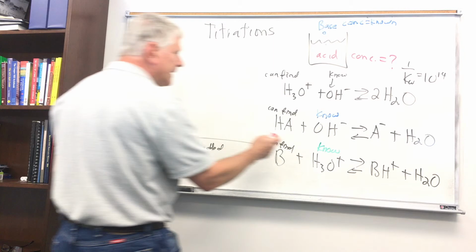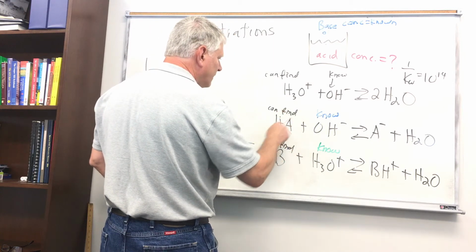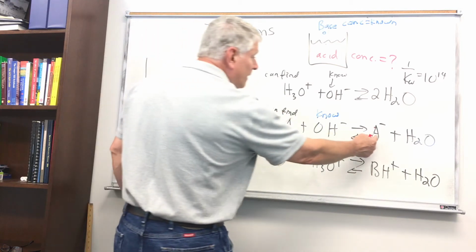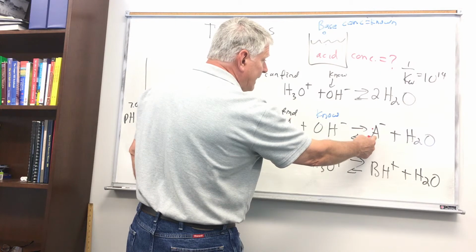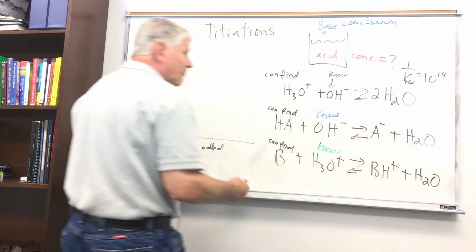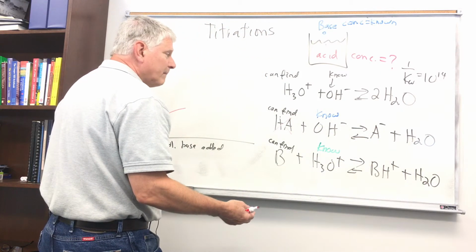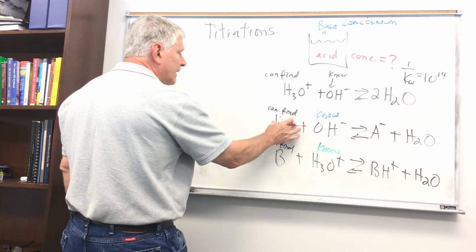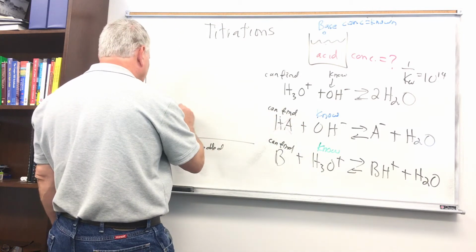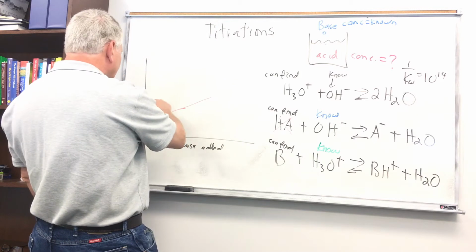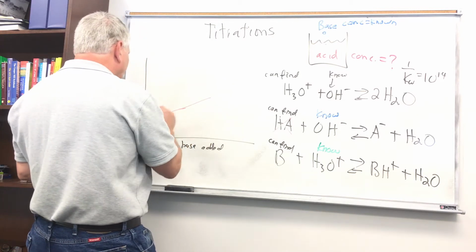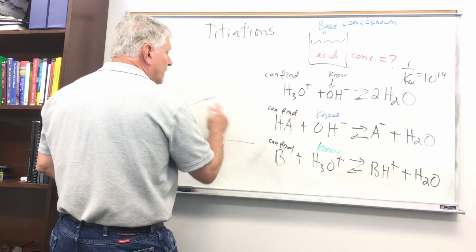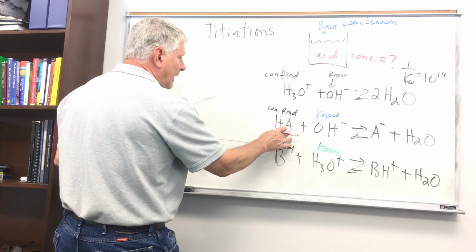And then when we get close to reacting all the acid, we have a solution heavy in A minus, a conjugate base. So the solution is going to be basic close to when we have reacted all the HA, so the pH will be above 7. So we're above pH 7, and then we react all the acid.